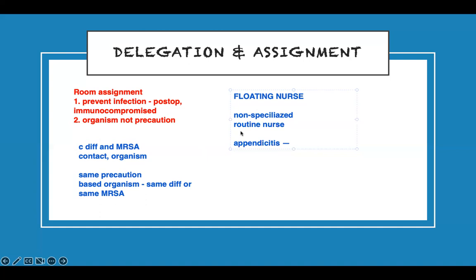You need somebody who can educate the patient about what to look for as post-op precautions so that they don't get sepsis. But if all the patient needs is pain medication, well, fine. Pain med or routine nursing care, you can give it to them. And that is the principle of assignment for a floating nurse. So you can use that principle.